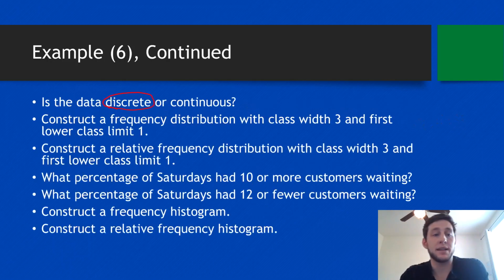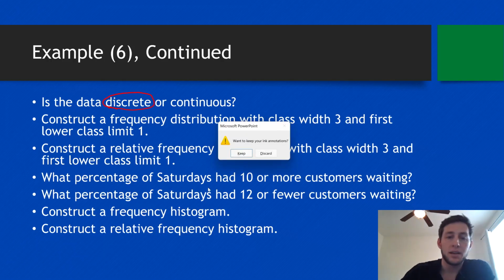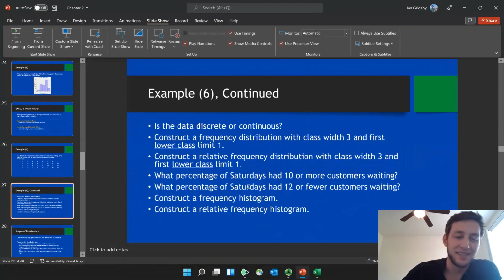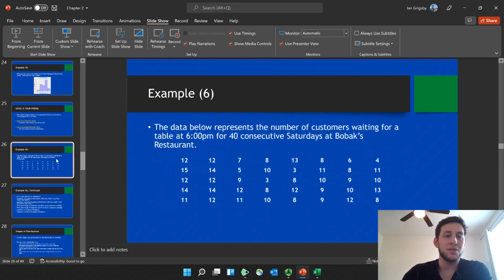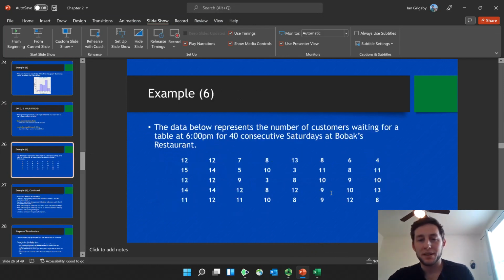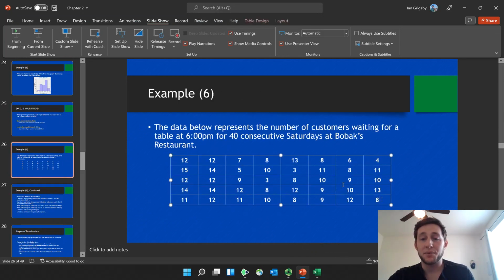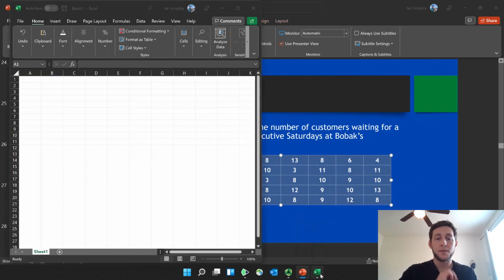So, let's go on to the next question. Construct a frequency distribution with class width 3 and first lower class limit of 1. Here's where I'm going to go ahead and dive out for a little bit. In order to do this, especially if you have the PowerPoint up, I have made these in a table. So what you can do is copy this table.